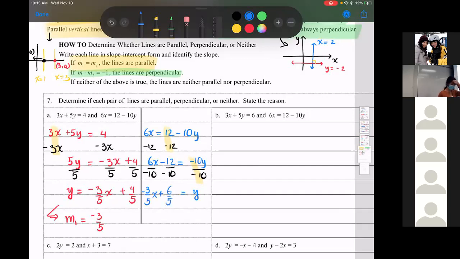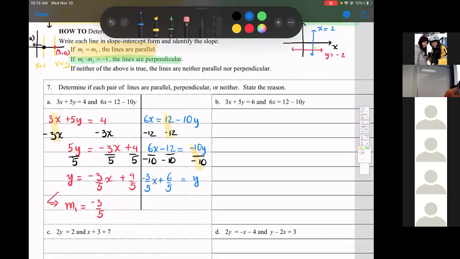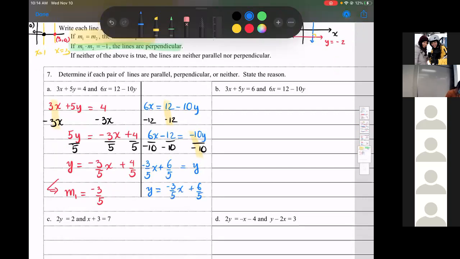6/5. If it bothers you, you can flip it around: y equals -3/5 x plus 6/5. So what is the blue slope? -3/5.